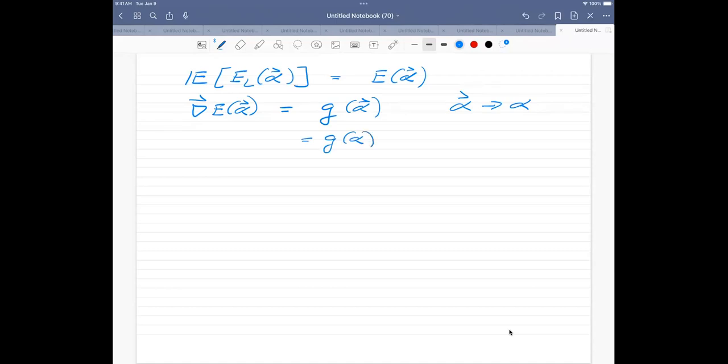Then I'm going to perform a Taylor expansion. So I'm going to Taylor expand this energy, E of alpha, around the optimal value, which I label as alpha hat.